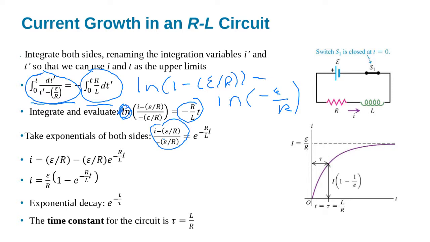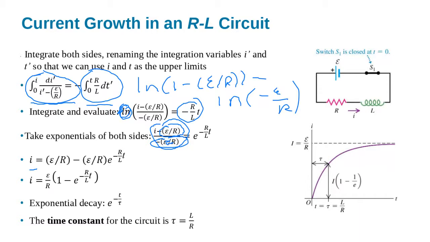Then we can multiply both sides by minus epsilon over R to get rid of this part on the bottom, and then we can add epsilon over R. That gives us a function relating the current that we see to the time, which is what we want to know.